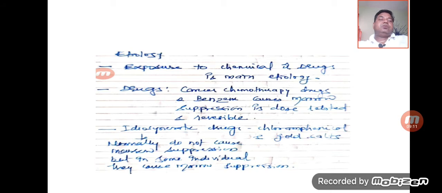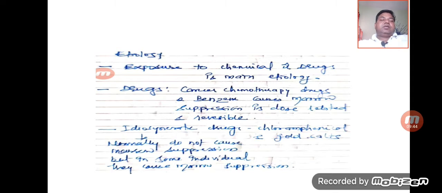If we go through the etiology, as we have discussed, the main etiology is exposure to chemicals and drugs, especially those related to cancer chemotherapy, and benzene. These can cause dose related marrow suppression, which is a reversible type, and most of the time the bone marrow will return to a normal functional state.